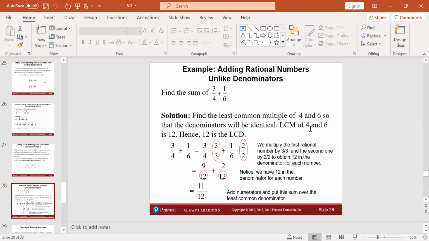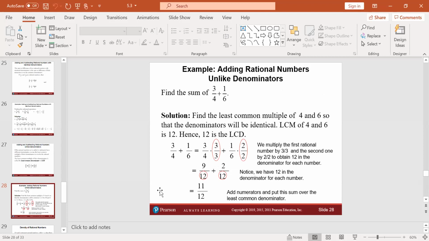So now we know the basics behind it. Here they're doing 3/4 plus 1 over 6. We're going to need to do a couple more examples than just that one because the numbers can get gnarly pretty quickly. But you notice that 3/4 and 1/6 do not have the same denominator. You can figure out the least common multiple of their denominators, which will be 12.